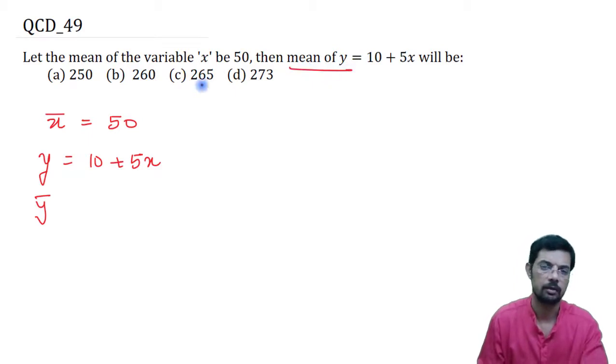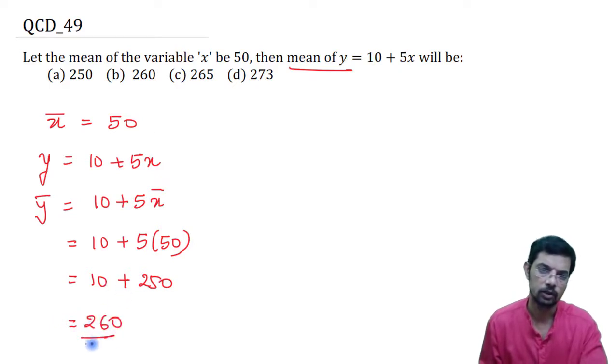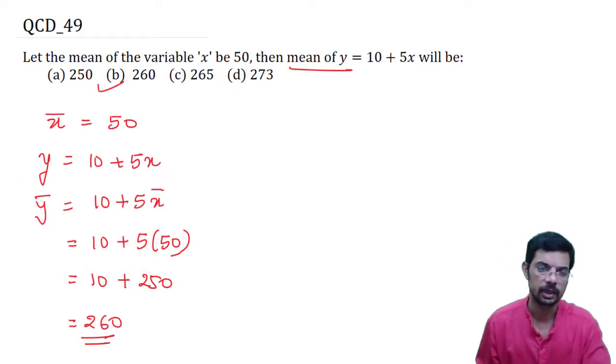Mean of y, that is y bar, which will be equal to 10 plus 5 into x bar, that is equal to 10 plus 5 into what is x bar? X bar is 50. So we shall put it as 50. So this is equal to 10 plus 5 5s are 25, 0, which is equal to 260. So mean of y is 260. That is option B, 260 is your correct answer.